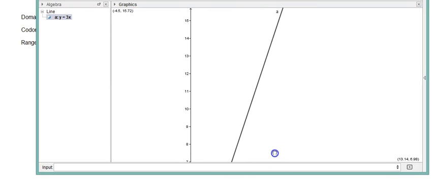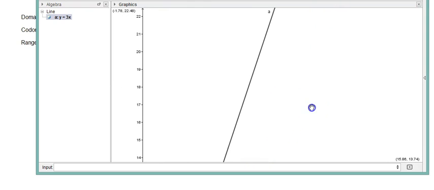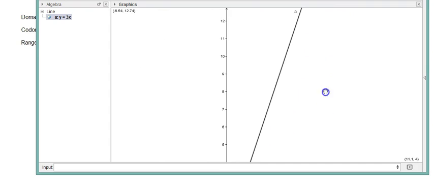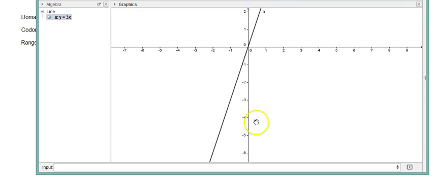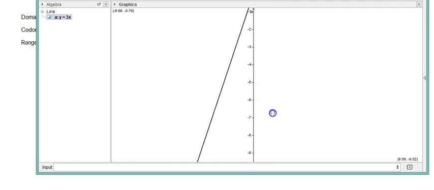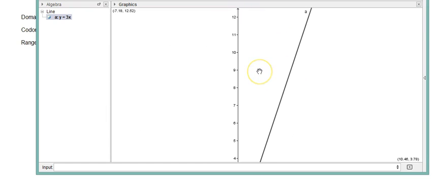So it's not broken anywhere, and if I'm going up and up, I can get corresponding values of y. So for me, domain will be all these values on x-axis, and all the values from negative infinite to positive infinite are going to frame my range. So this is y is equal to 3x. This is a linear function.